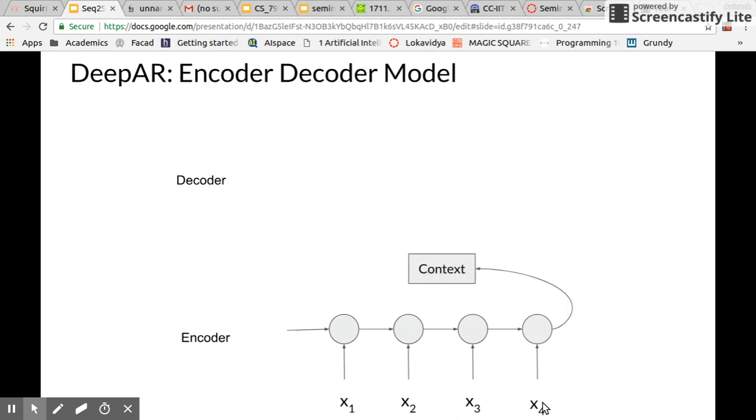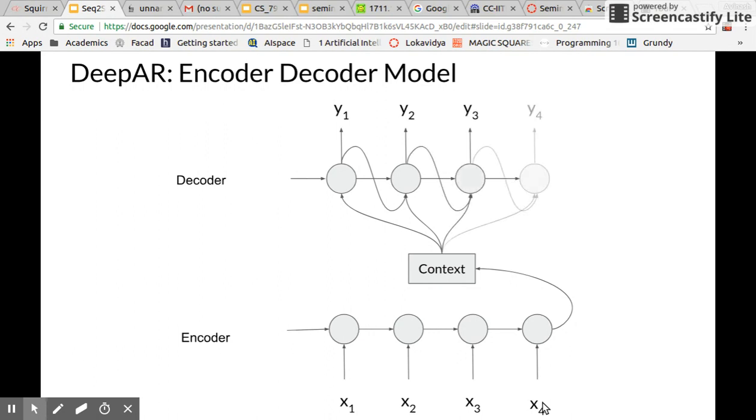These hidden states are used to calculate a global context. Once the global context is calculated, we give it as an input to the decoder, and the decoder uses this global context to predict the value y1. Using this y1 and the global context, we predict another value y2, and so on.